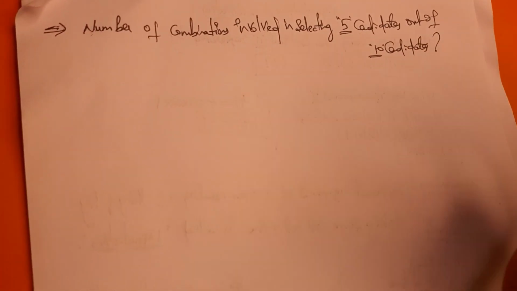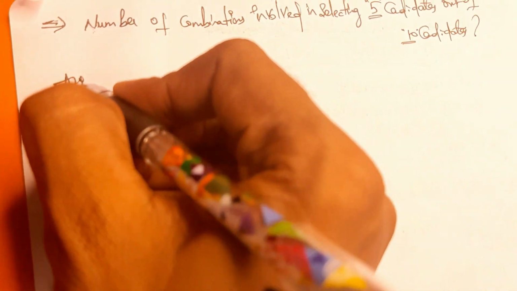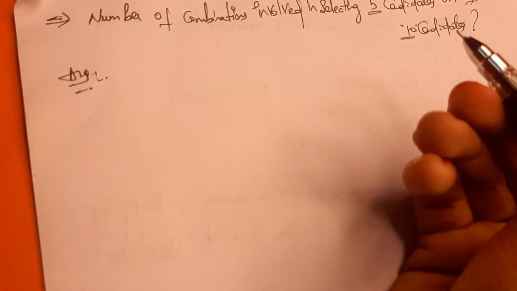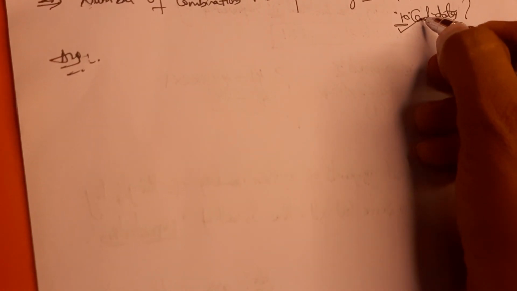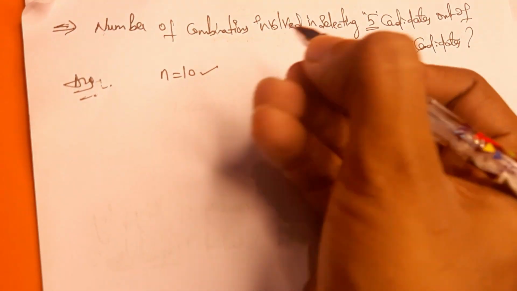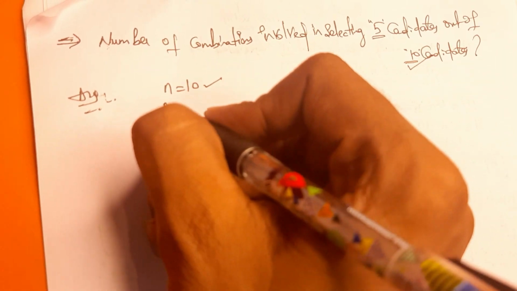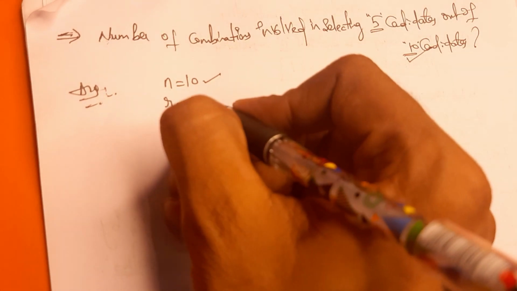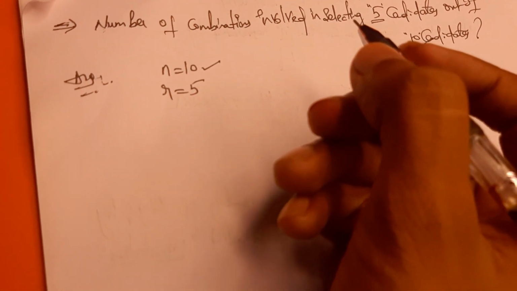Let's see what happens. Here n, the total number of students, is 10, and r, how many will be selected, is 5.